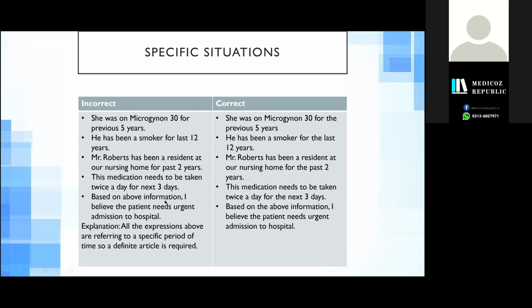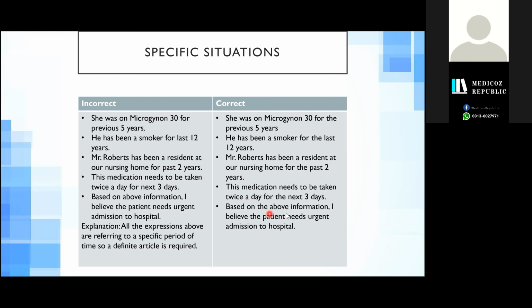Based on above information, I believe the patient needs urgent admission to the hospital. Okay. Based on above information, I believe the patient needs urgent admission to hospital. Now we have to add the in this sentence.